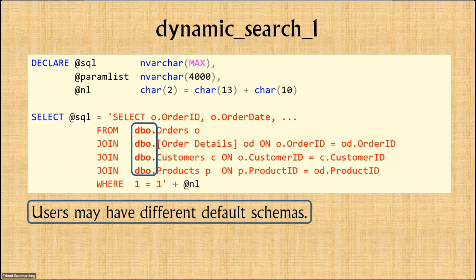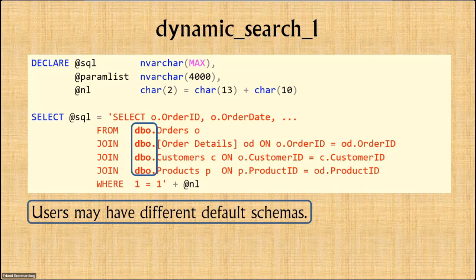But it's different with dynamic SQL, because here it could have an impact. Let's say we have two users, Jack and Jill. Jack has the default schema Jack, and Jill has the default schema Jill. Now, if you only say FROM Orders, this means that at any point in time a table called Jack.Orders could appear. And in that case, the query should resolve to Jack.Orders and not dbo.Orders.